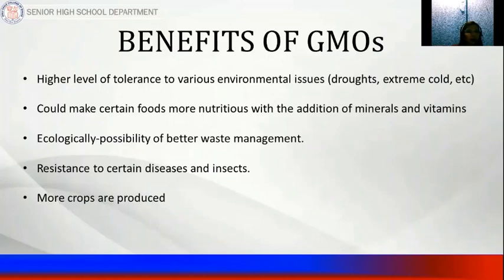It could make certain foods more nutritious with the addition of minerals and vitamins. And ecologically, the possibility of better waste management, resistance to certain diseases and insects, and more crops produced. Moreover, these are what the scientists think will benefit the organism and even the community.